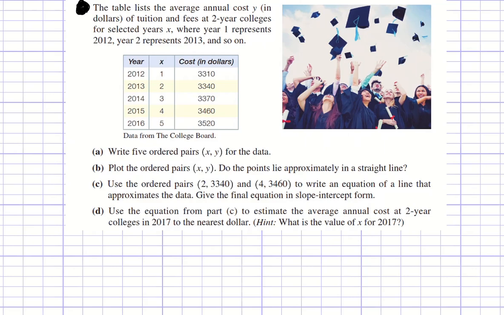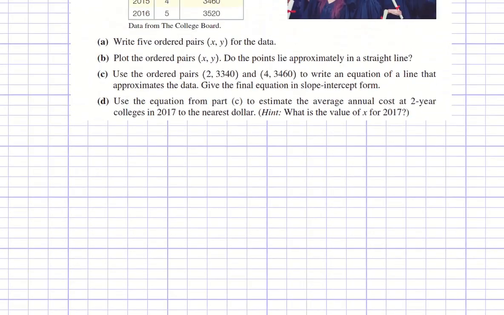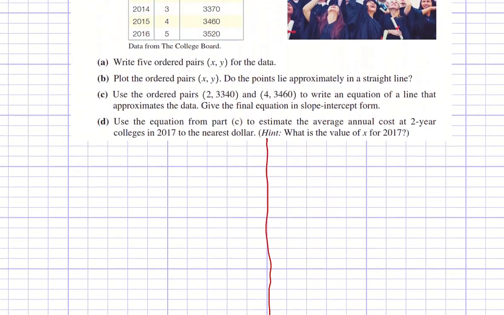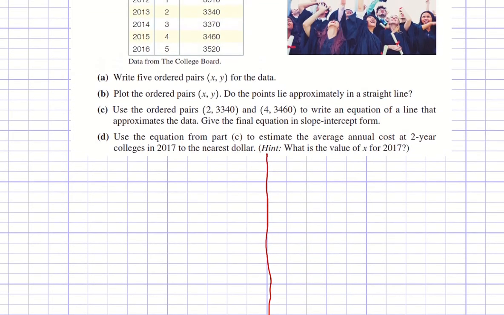Let's divide the page into 2. That way we'll make sure we have enough space. I think we're going to draw a graph on this problem, so that's going to be a problem for me because we don't have a lot of space.